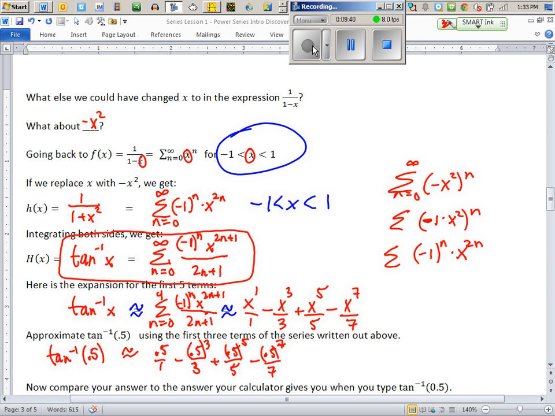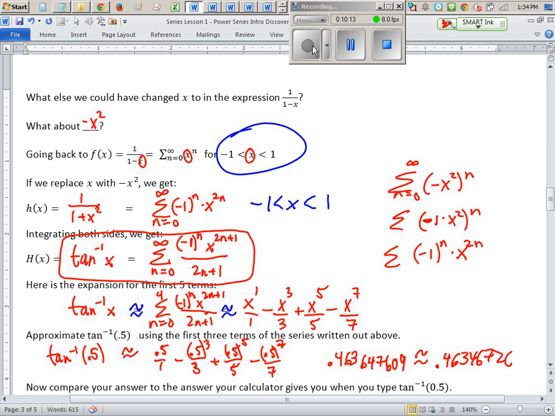Okay, so I typed in tan inverse 0.5, and it gave me 0.463647609. And then I typed in the 0.5 minus 0.5 cubed over 3, etc. And I got, man, it's close, 0.4634672619.